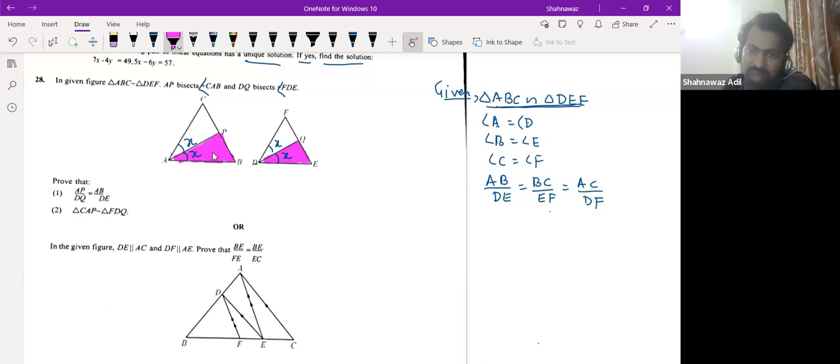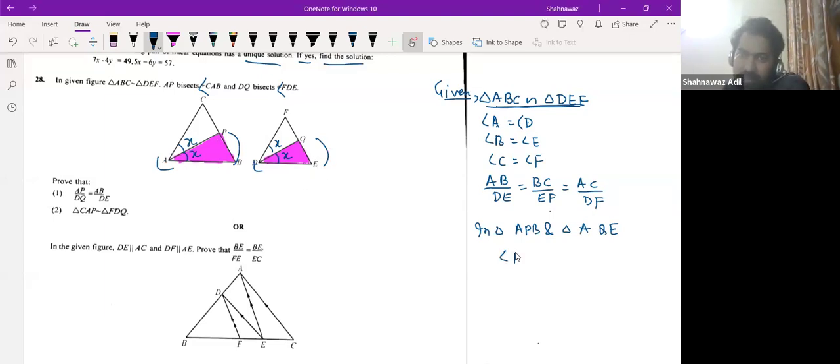So we have to take these two triangles and then we have to see what we know. Angle x equals angle x, that is in triangle APB and triangle DQE: angle PAB is equal to angle QDE, and this is equal to angle x.